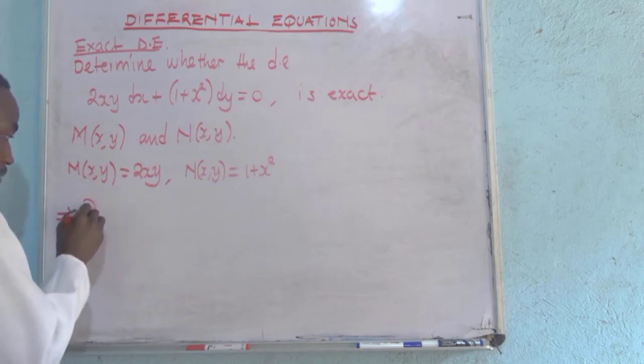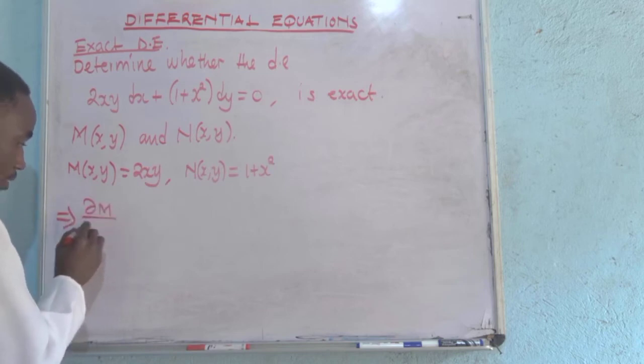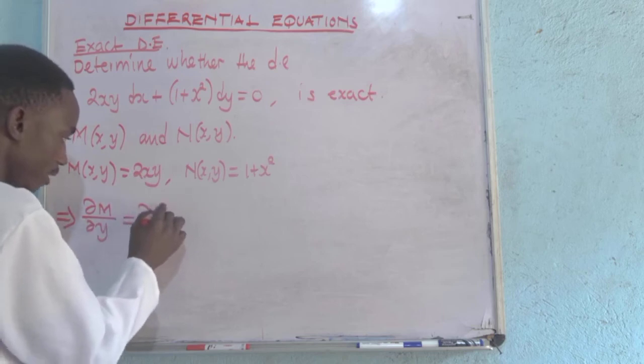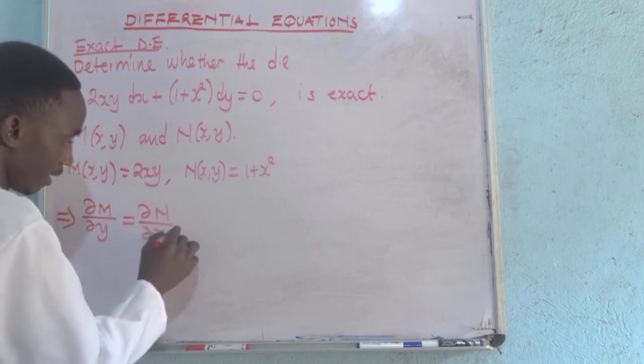So from here, to check whether or not the given equation is exact, we take the partial of M with respect to y, which should be equal to the partial of N with respect to x.